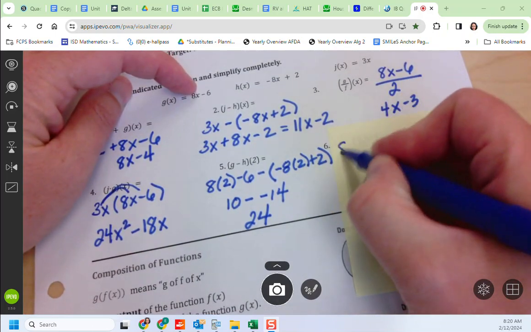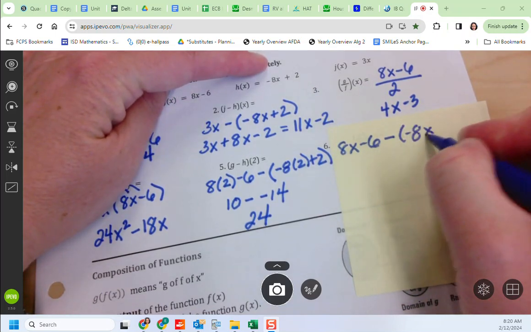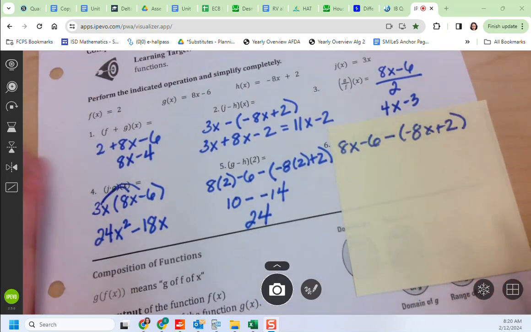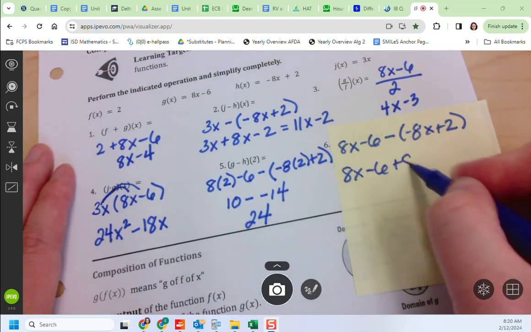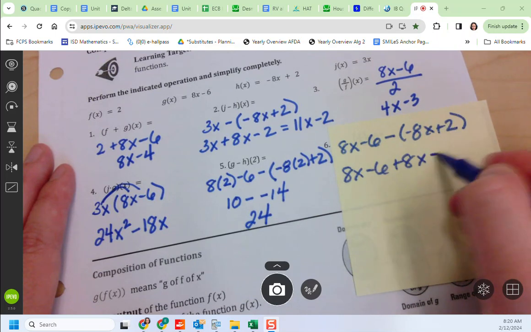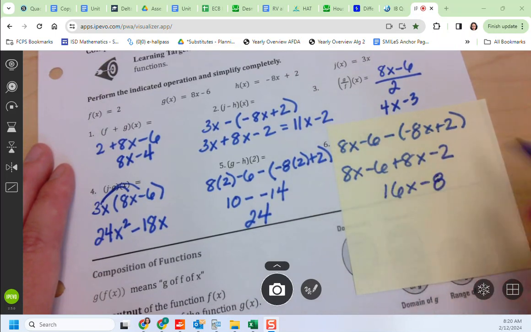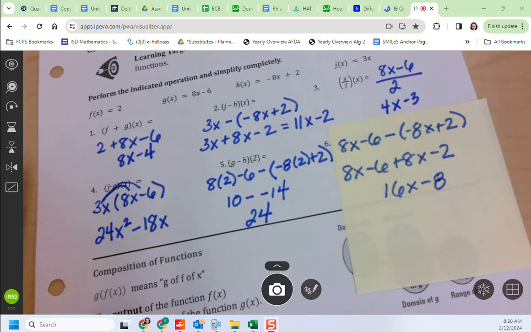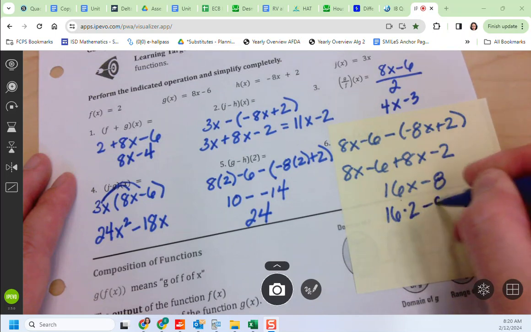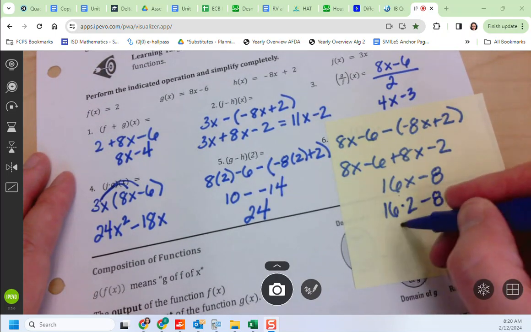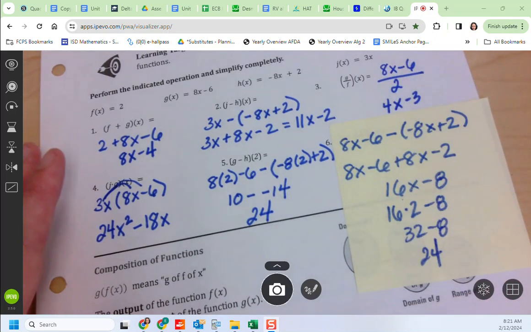So he did 8x minus 6 and then minus negative 8x plus 2. And distributing the minus, 8x minus 6 plus 8x minus 2, 16x minus 8, and then you put the 2 in. So you substitute the 2 here, so you have 16 times 2 minus 8, which is 32 minus 8 and 24. And it still works, right?